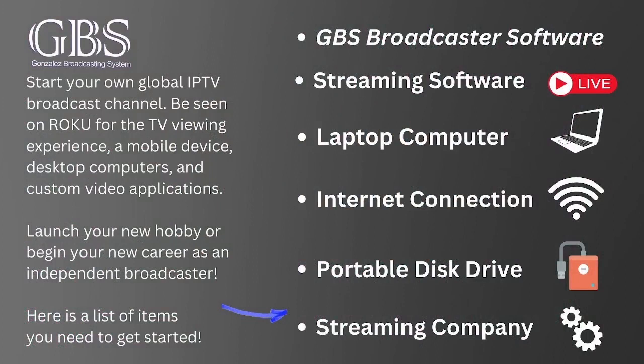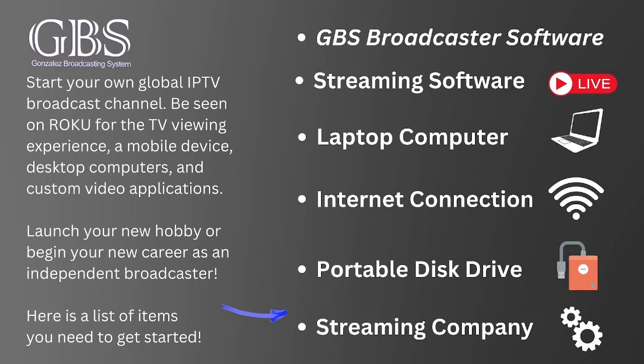Let's start with the GBS Broadcaster Software. That's what you've already taken the tutorial on and learned how to use, and then you'll need something called streaming software or streaming hardware. That's essentially the hardware device that's actually put inside your computer, or they have some that attach to the computer through an HDMI cable or outside, some kind of connection.